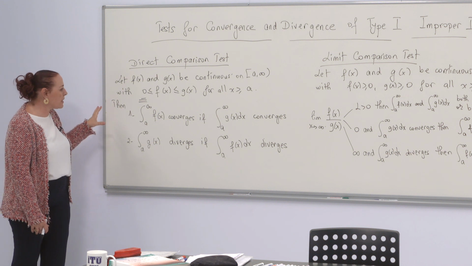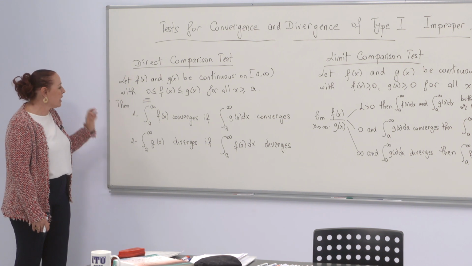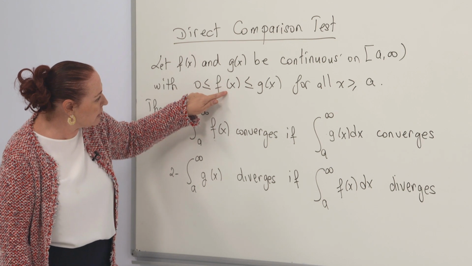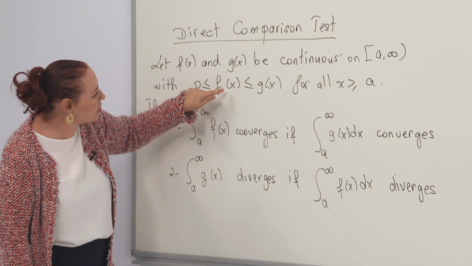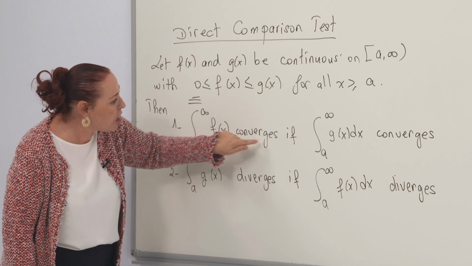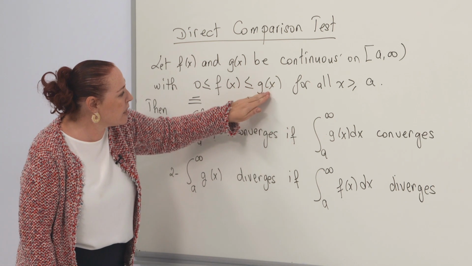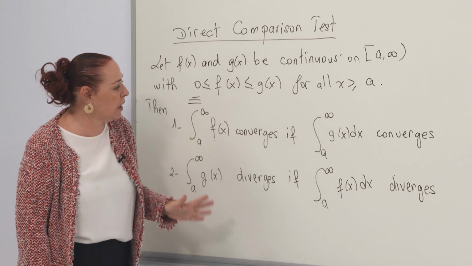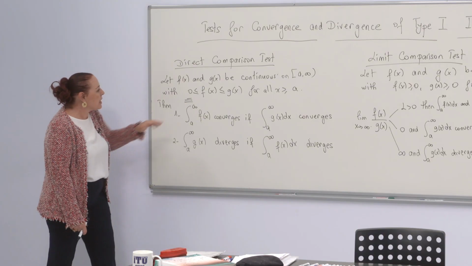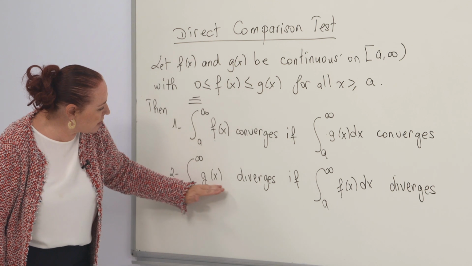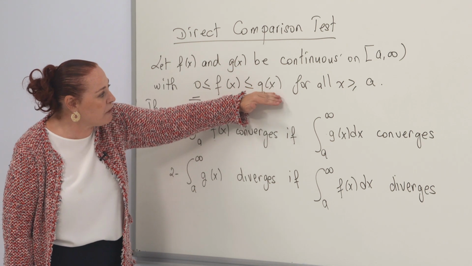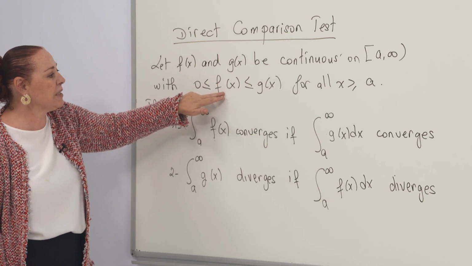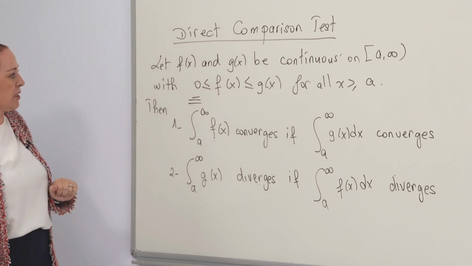The direct comparison test says that the improper integral with the smaller integrand converges if the improper integral with the larger integrand converges. The next one says the improper integral with the larger integrand diverges only if the improper integral with the smaller one diverges.